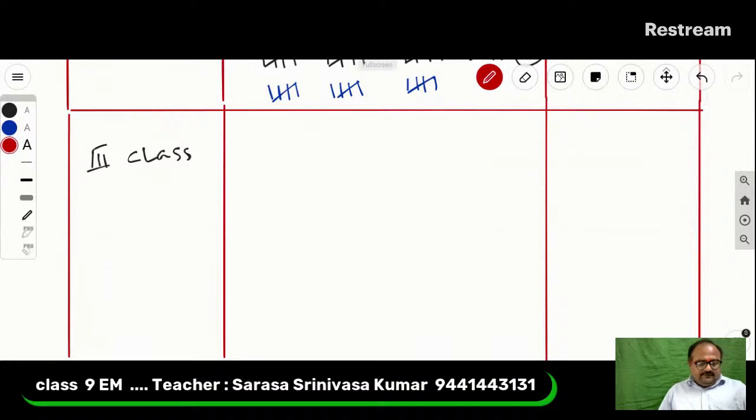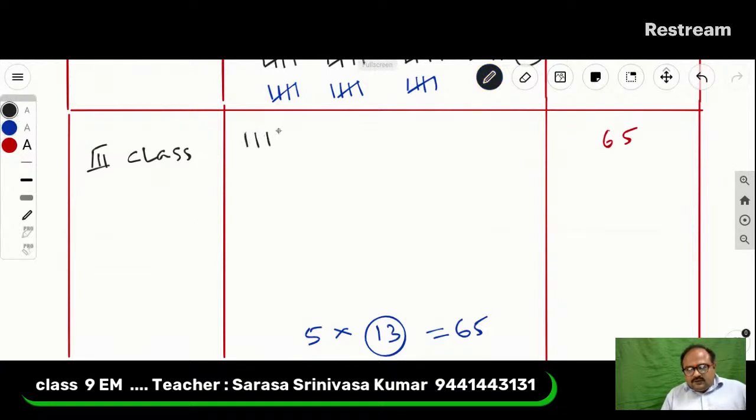So we should write 65 as the number of students. So how to write 65 in tally marks? 5 multiplied by 13 is equal to 65. Let us write the tally marks.